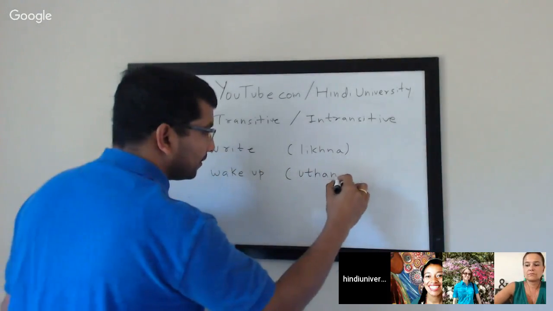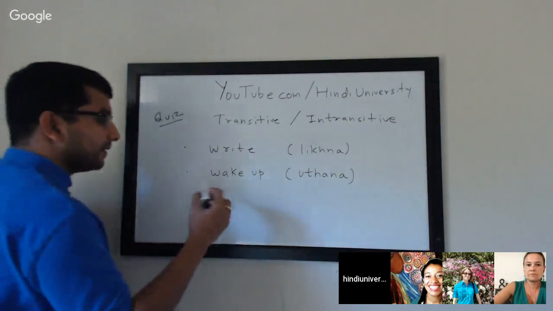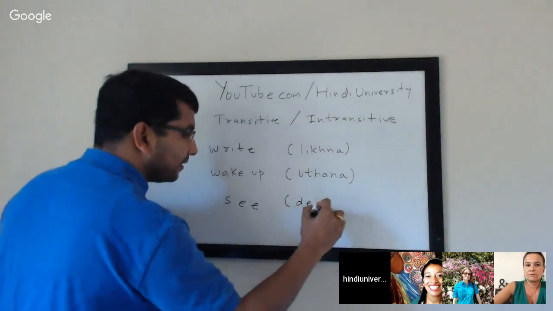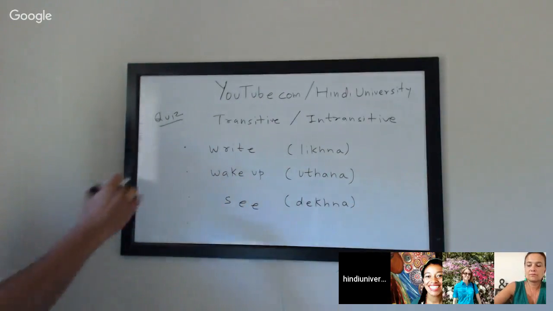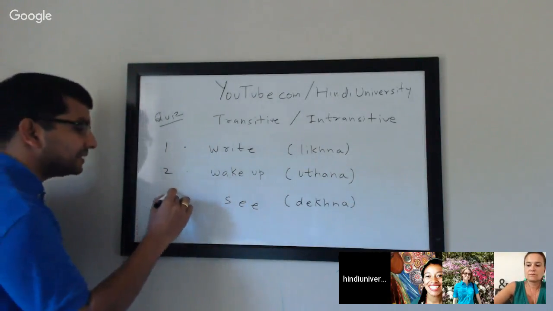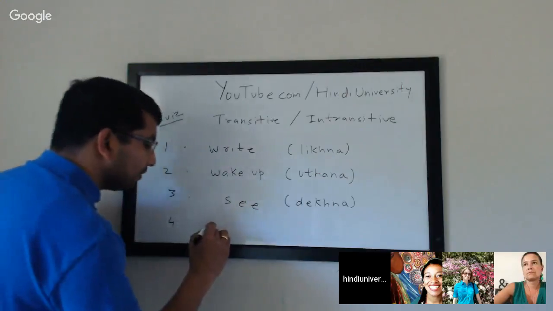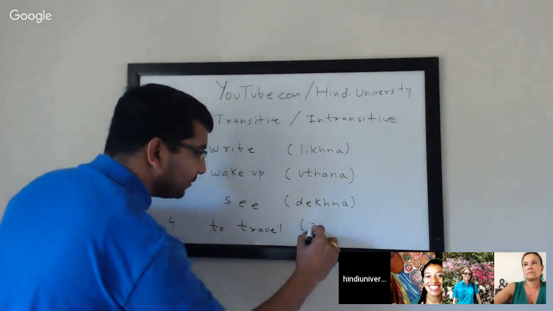Third one I have is to see, which is dekhna. And the fourth one, I'll write down the numbering so that it's easier for you, the fourth one I have is nothing but to travel. It's basically jaana.